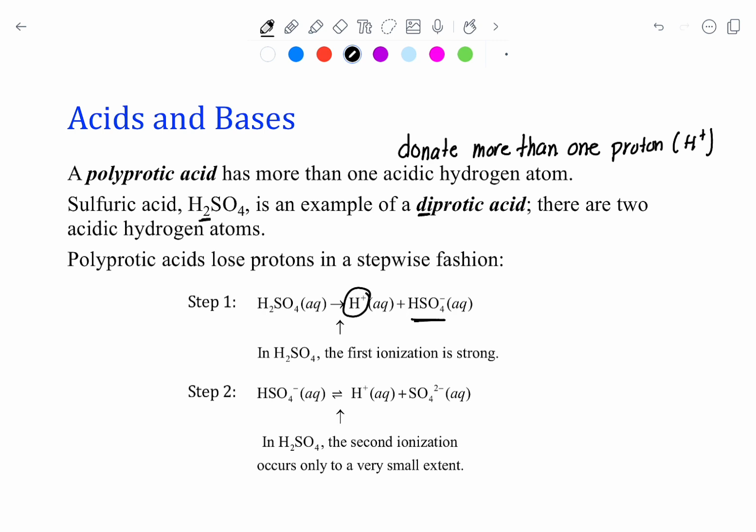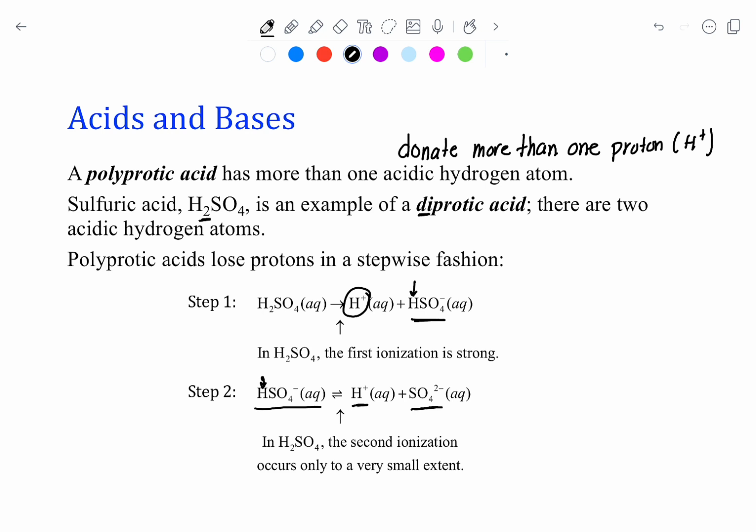The hydrogen of HSO4 minus is still acidic, it's still able to be donated, but that will happen in a second process. So our second process here starts with HSO4 minus, and now that second hydrogen can be given away or donated, and we get hydrogen ion out, as well as the sulfate ion.